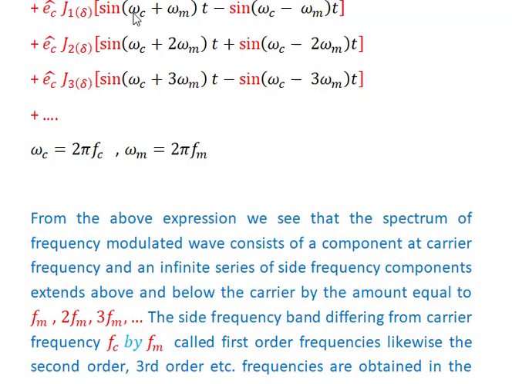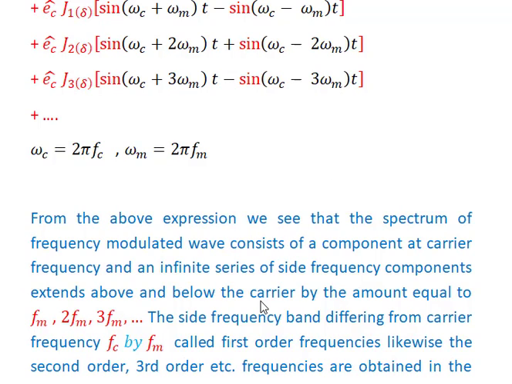See here, omega c is 2 pi fc and omega m is 2 pi fm. So fc plus fm, fc minus fm, fc plus 2 fm, fc minus 2 fm, fc plus 3 fm, fc minus 3 fm.